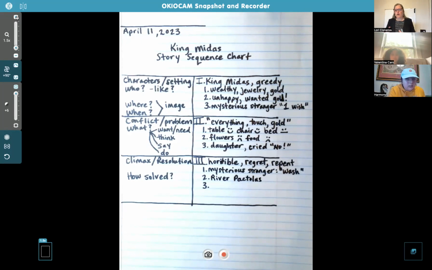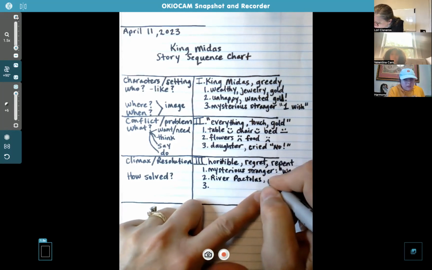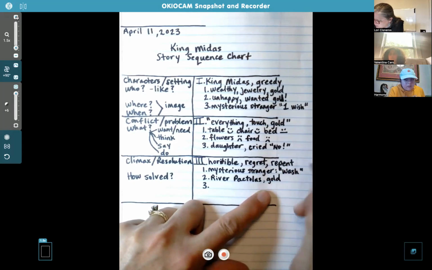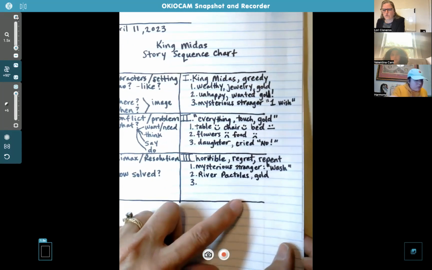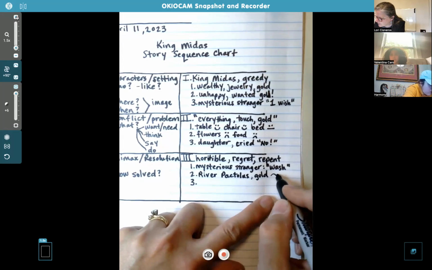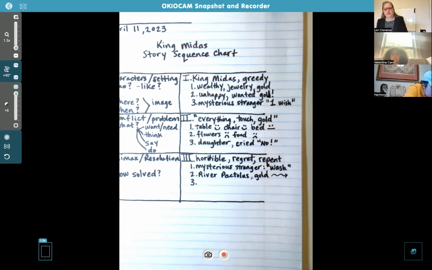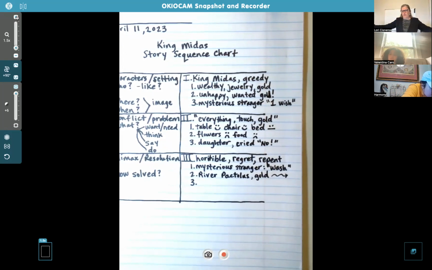Good. So the gold came off, like there was gold light that came off of his hands. So let's put gold. And then what if we did a little squiggly line with an arrow, like the gold came off of him, right? The gold light came off of his hands. That could be a little symbol for that. Like it just kind of went ooh, off of his hands in the water.